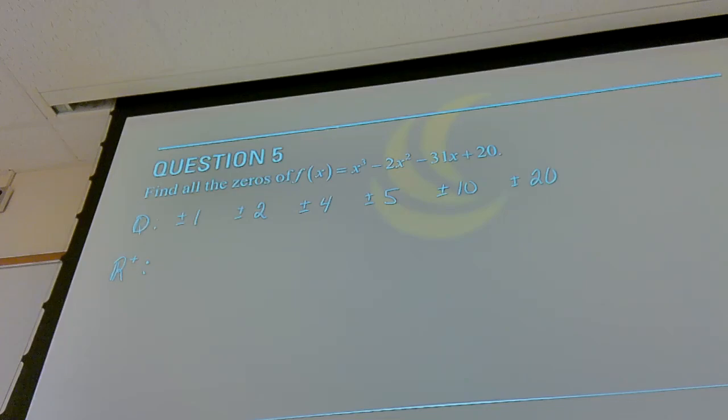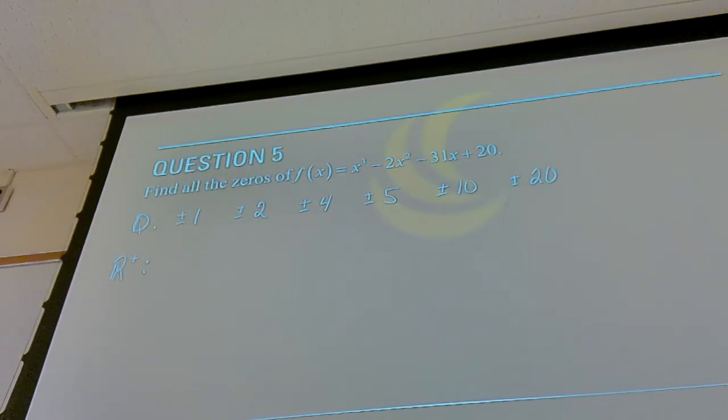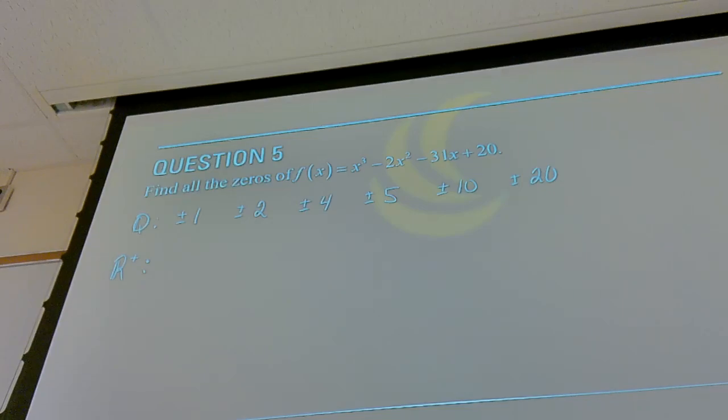Sign changes, right? How many sign changes are there? 2. So that tells you there are how many positive real zeros? 2 or 0.